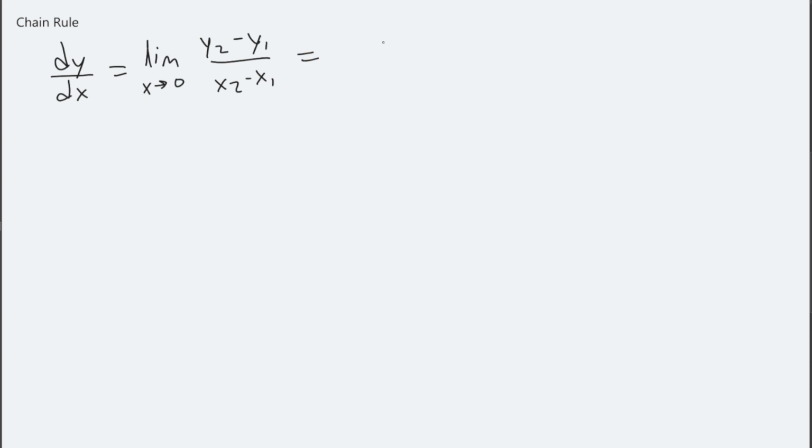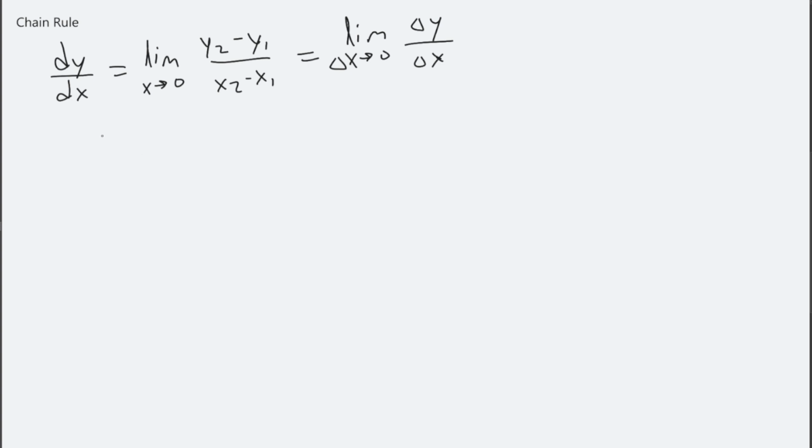And I'm going to rewrite this in the form of the limit as the difference in x approaches 0 of the difference in y over the difference in x. Which basically, remember, the distance between our slope and the actual slope of the real point approaches 0.